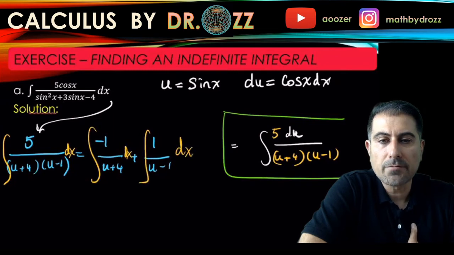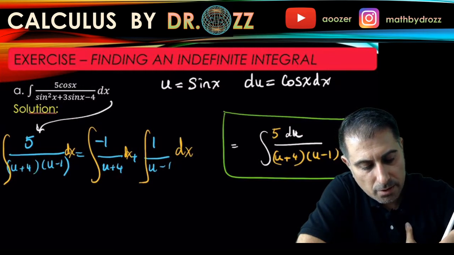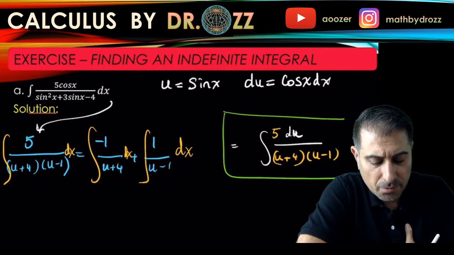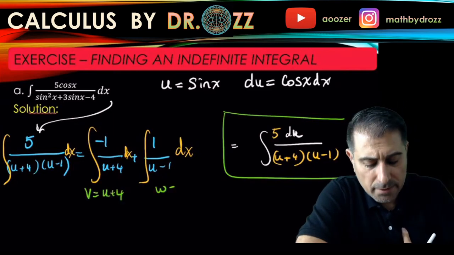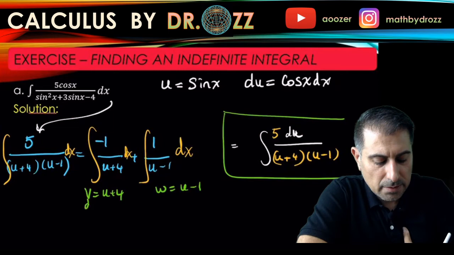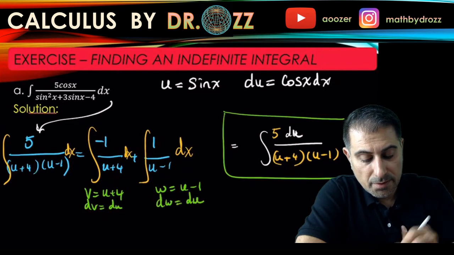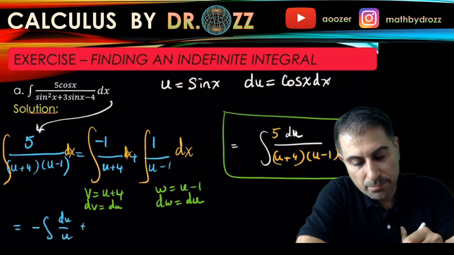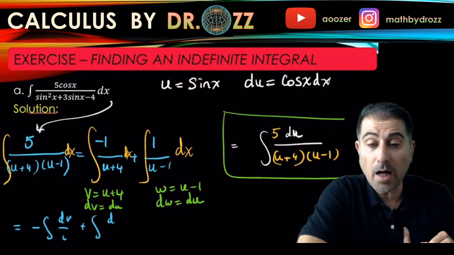All right. I'm going to have 2 different substitutions here, if you want to. Let me use a different letter here because we used u. v equals u plus 4 and w equals u minus 1, just using different letters. So that dv equals du and dw equals du. So then this integral here is written as minus dv over v, and this is dw over w.